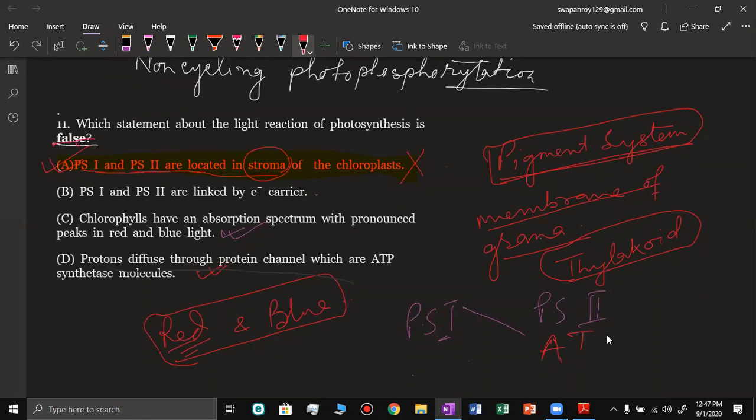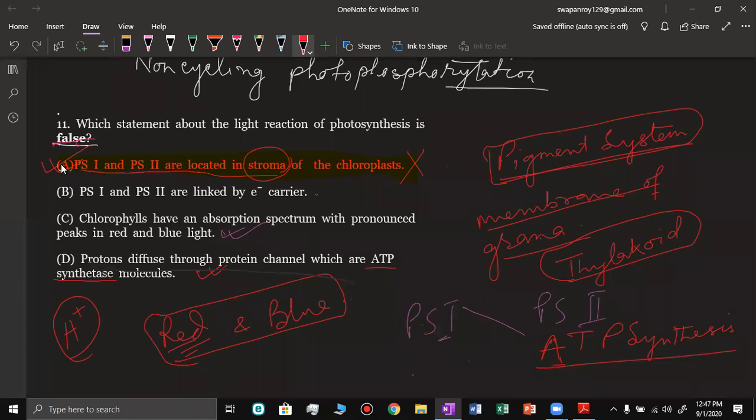These ATP synthetase molecules are located in the thylakoid membrane, and through that the protons, that is the hydrogen ions, pass through.